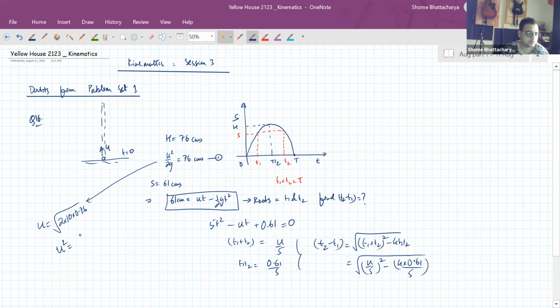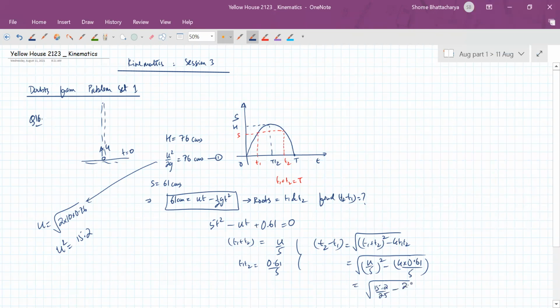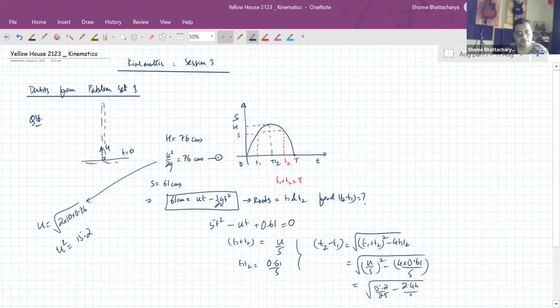That is how much now? 7.6 into 2, so that is 15.2. So square root of 15.2 divided by 25 minus 2.44, right? Divided by 5. So this is going to be the time that he spends in the top 15 centimeters. Understood, no?